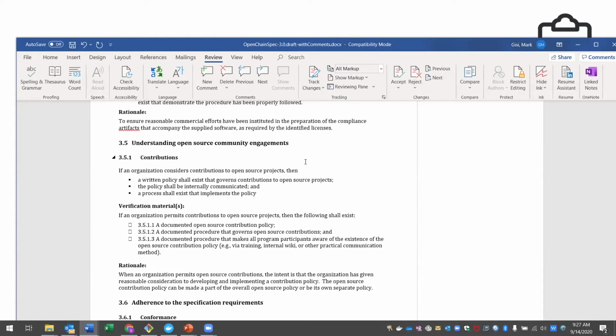If you are OpenChain conforming, you get that badge. And if you happen to satisfy the requirements of an optional section, such as security or export, then you'll get a second badge. But you can't get the second badge unless you have the first badge, right? You always have to get the first badge no matter what, which is what the spec stands for today. And that seems to get very complex to me.